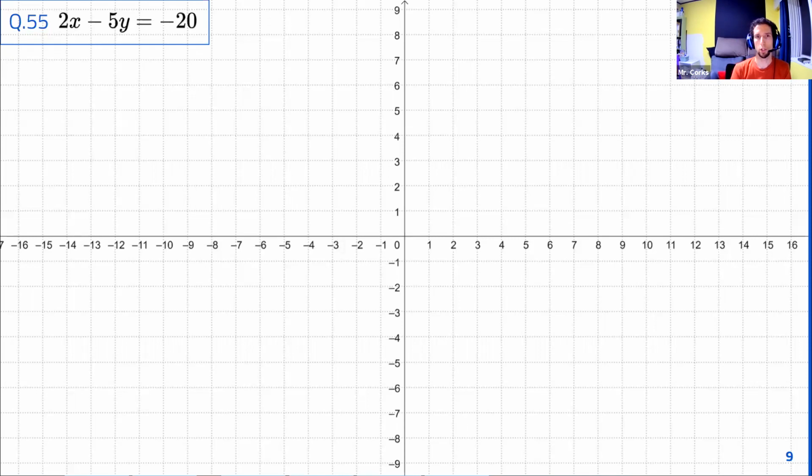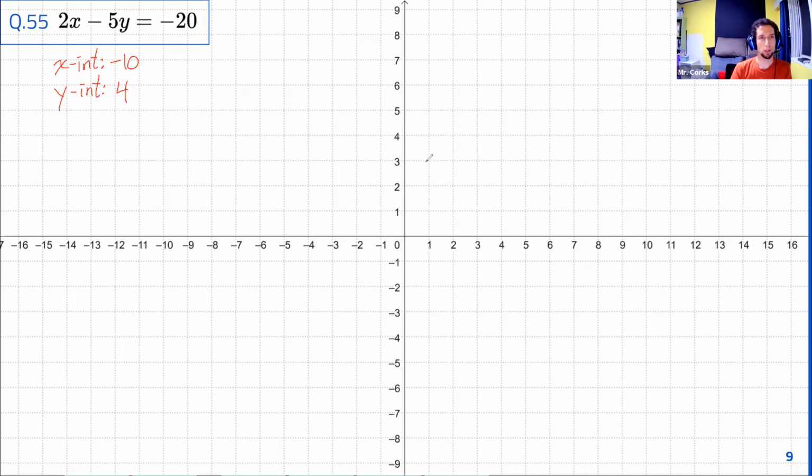Let's take a shot at these. So first, what is the x-intercept and what is the y-intercept here? x-intercept -10. Okay, x-intercept -10, y-intercept? It is 4, positive 4, okay.